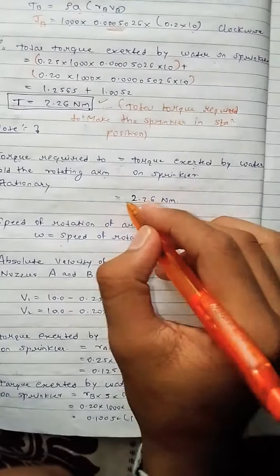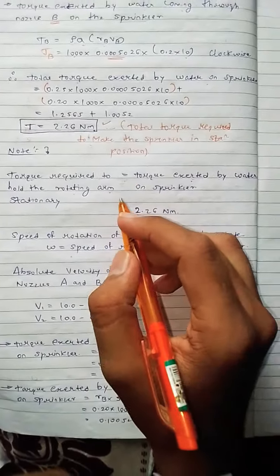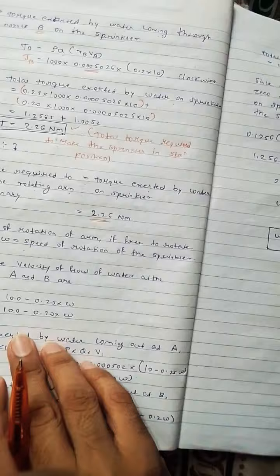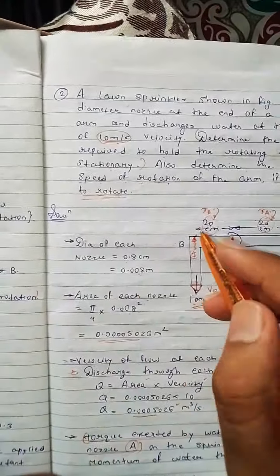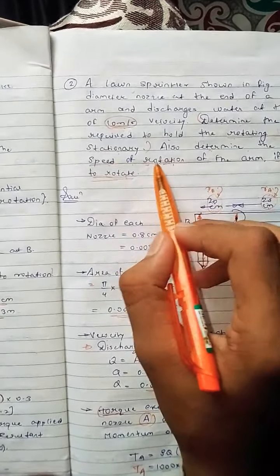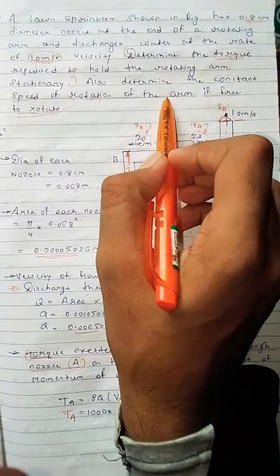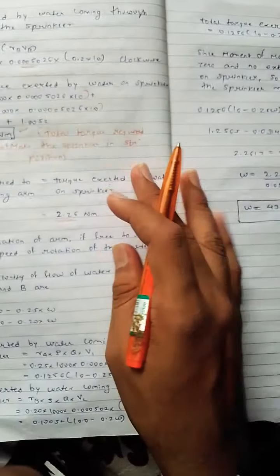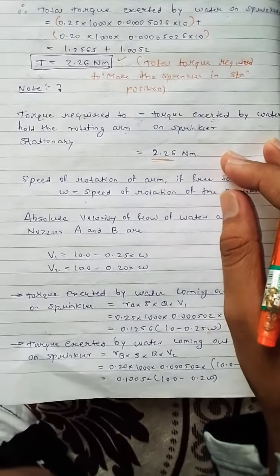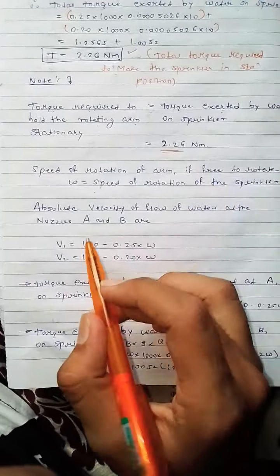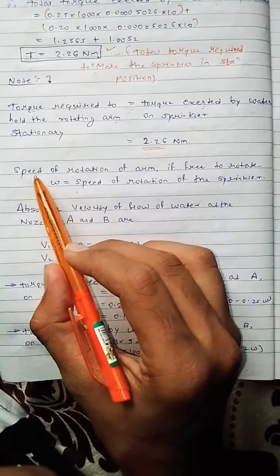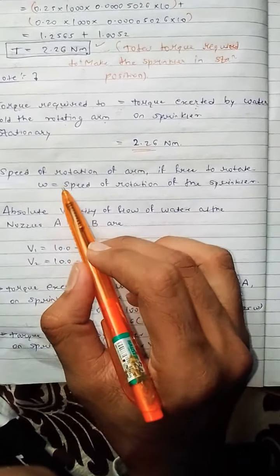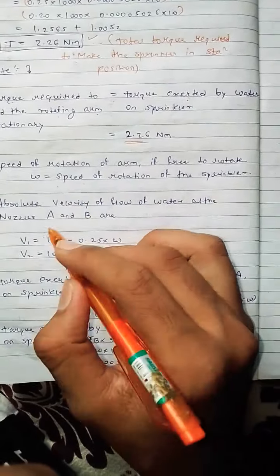Okay, I hope you understand the first part of our question, and the second part is to determine the constant speed of rotation of the arm if free to rotate. So omega equals the speed of rotation of the sprinkler.